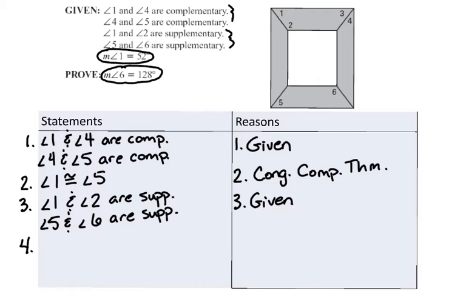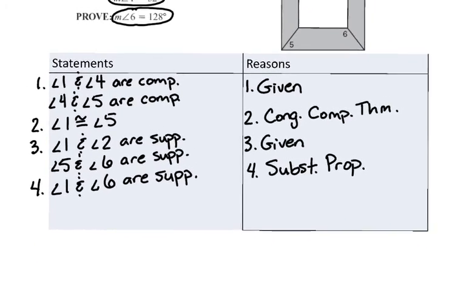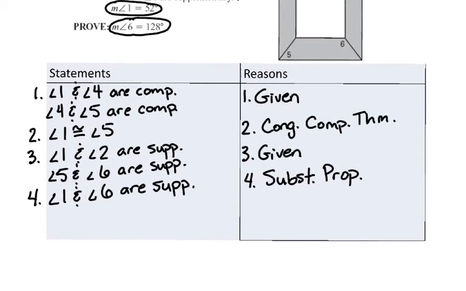Well, I am going to substitute angle 1 in for here and say angle 1 and angle 6 are supplementary. So that's the substitution property.